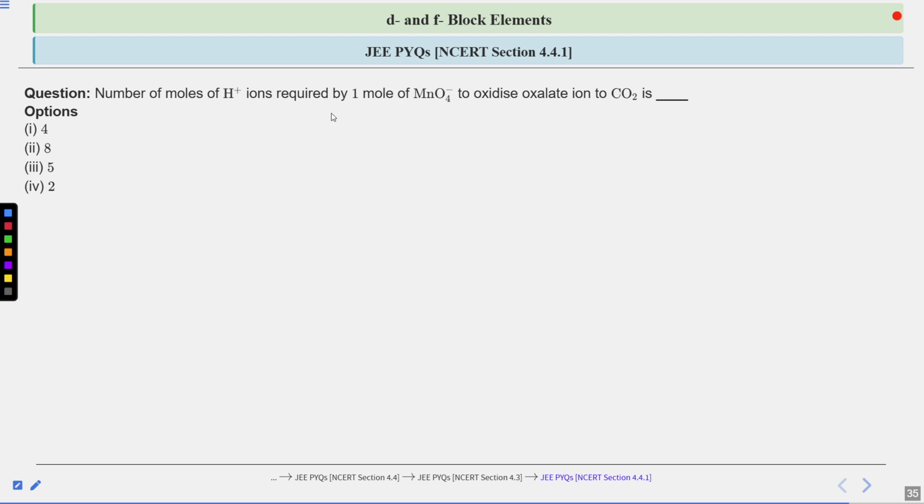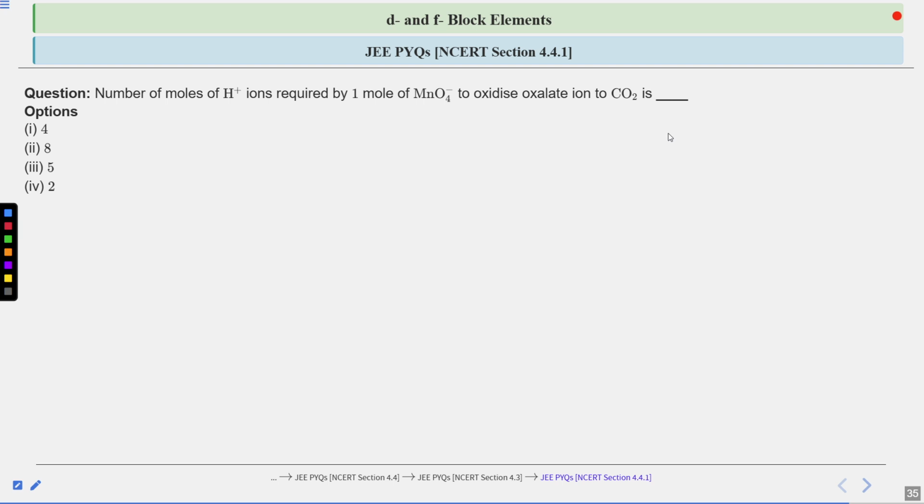Let's see the question, which is a JEE PYQ, and this is covering the NCERT section 4.4.1. The question is: the number of moles of H+ ions required by 1 mole of MnO4- to oxidize the oxalate ion to CO2 is.